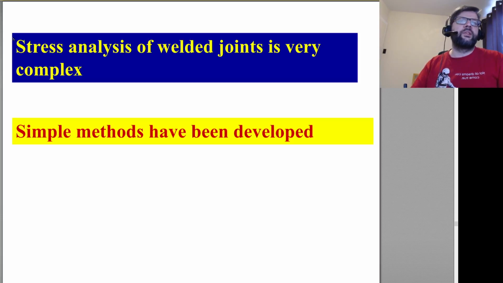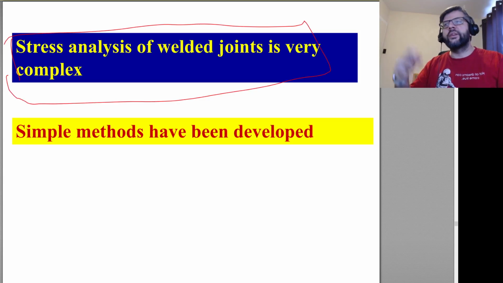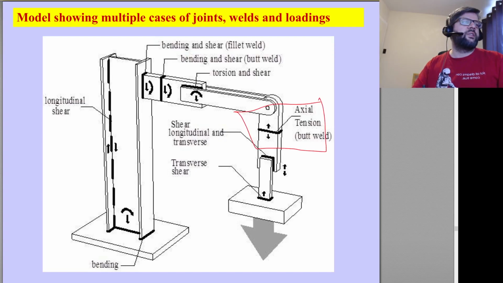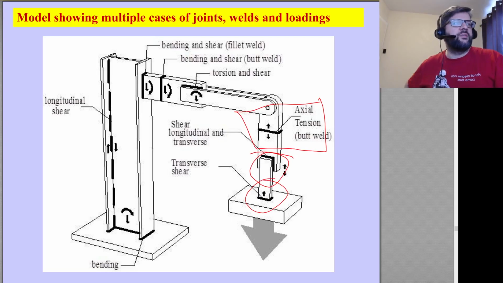If we wanted to look at the actual stress analysis of the welded joint, it gets really complex really fast. So we'll look at a couple examples today of a tensile weld, just holding tension, and then we'll get into bending or torsion later.